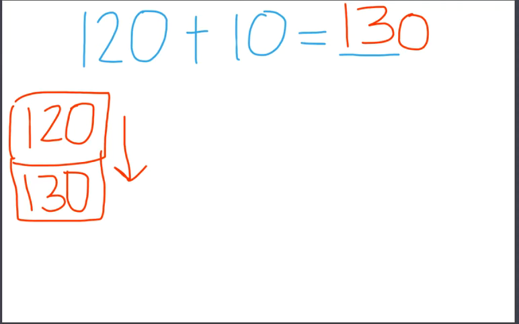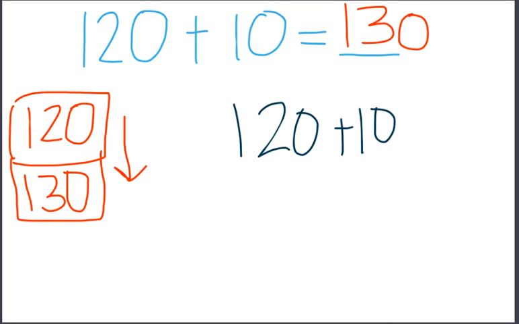We could look at 120, but ignore the 100 and think 20 plus 10, that's 30. And then add back in the 100 to get 130.